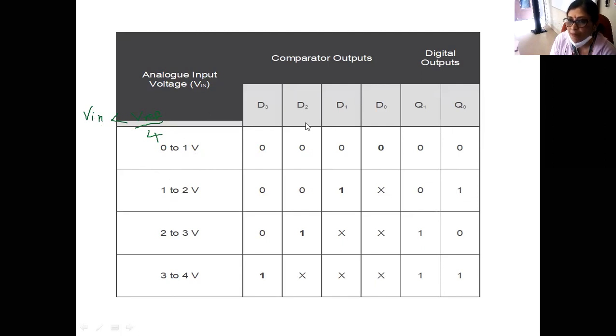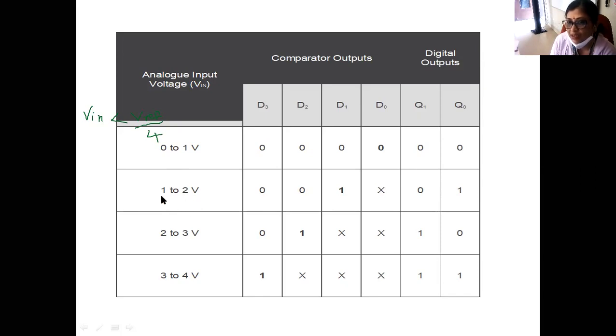Okay. Now, what happens when analog input voltage is between 1 to 2 volt? Between 1 to 2 volt means what? If input voltage is greater than 1 volt and less than 2 volt, it is between V reference by 4 to V reference by 2.